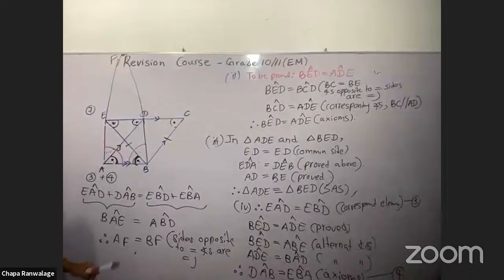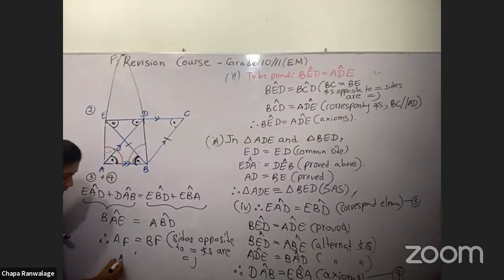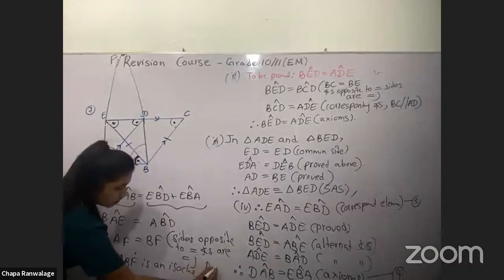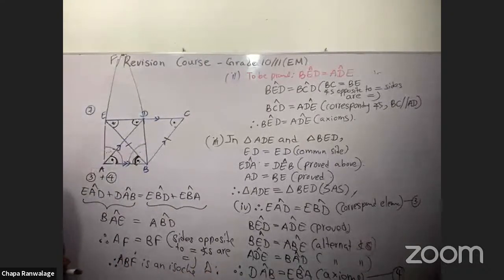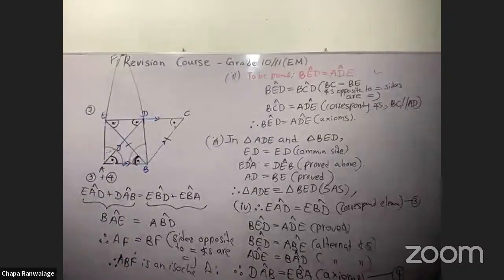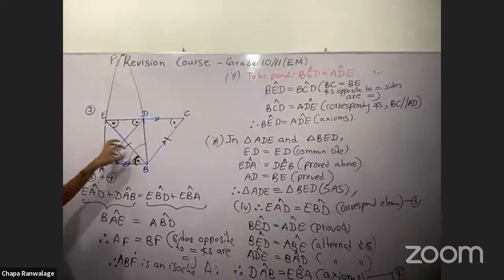Therefore, ABF is an isosceles triangle. Sorry, here I proved that these two are equal.